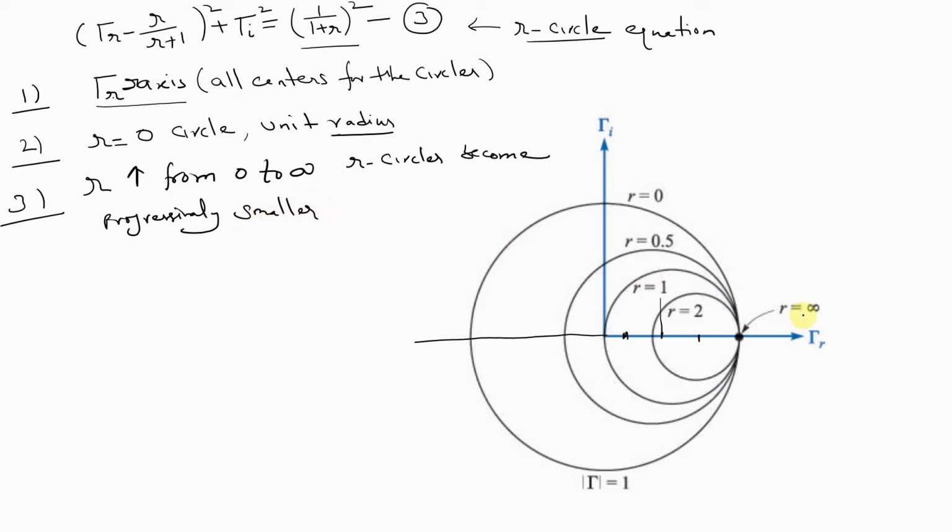You can see in this diagram, as the value of r increases from 0 to infinity, this is 0, you can see here this is 0. As the value of r increases, the size of the circle progressively decreases.